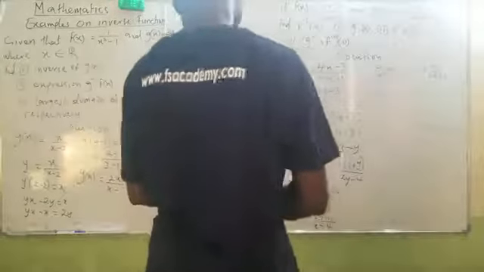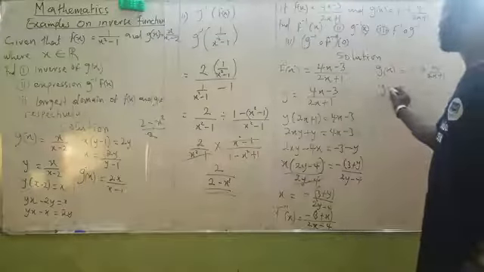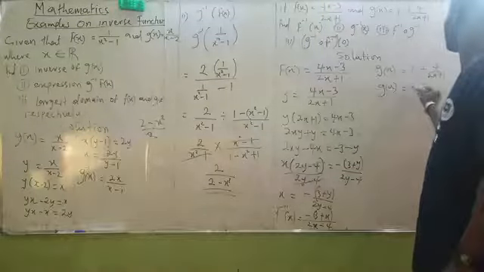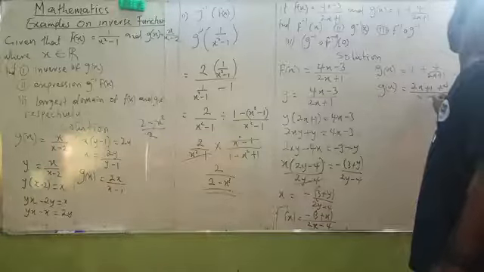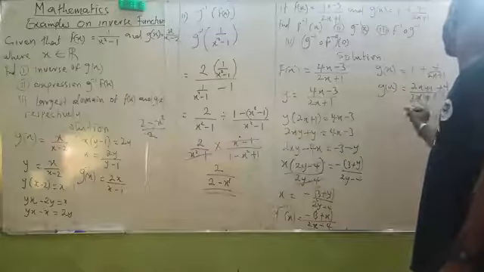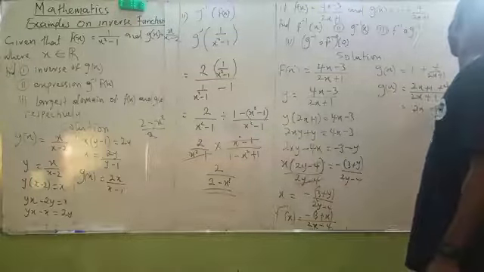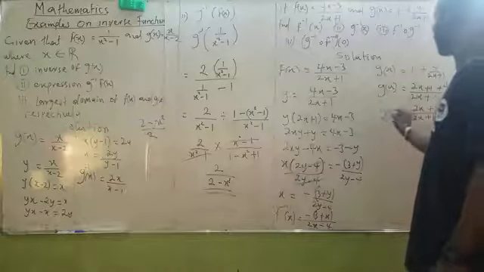Now, I can also move on by using my g inverse. I can reshuffle my g by having 2x plus 1 plus 4 divided by x, and I will be having 2x plus 5 divided by 2x plus 1. That is my g of x.